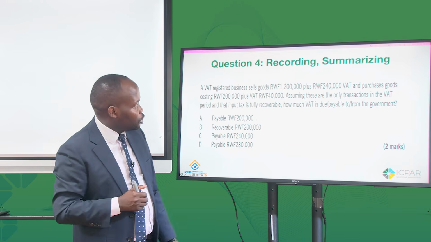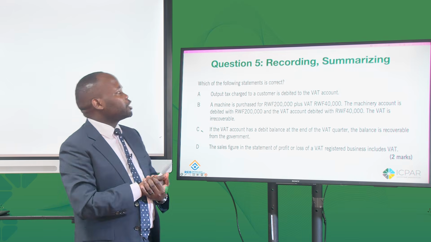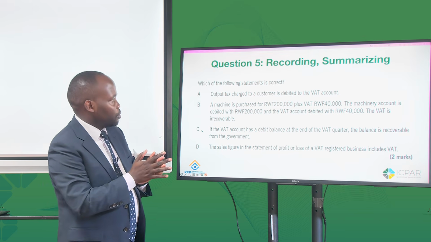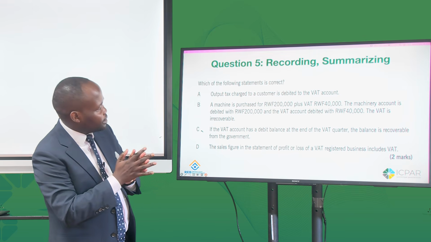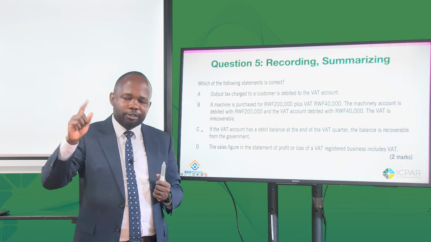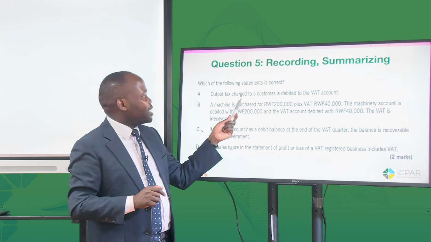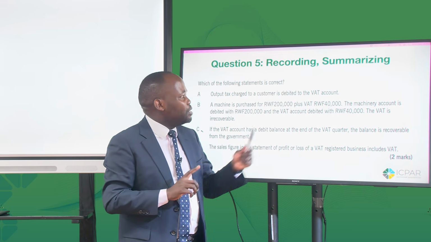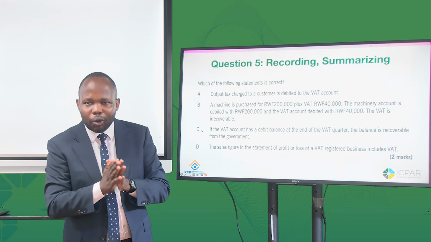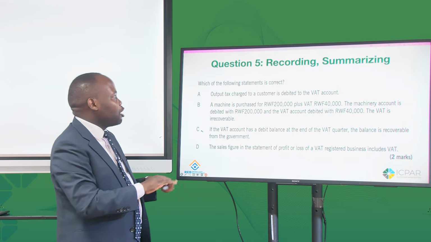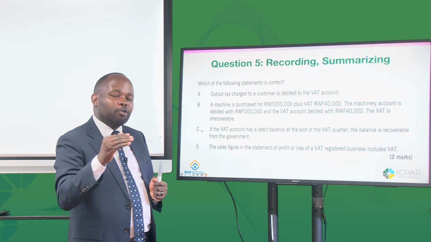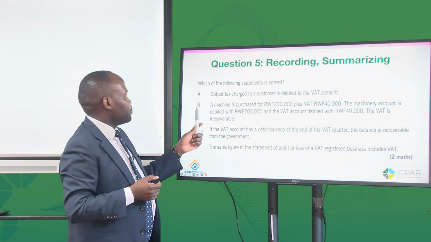The final question is, which of the following statements is correct? A, output tax. Remember, output tax is tax on sales. Output tax charged to a customer is debited to the VAT account. No, it is credited to the VAT account, just like we credit sales.